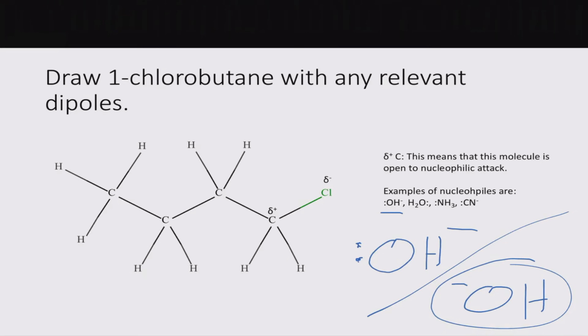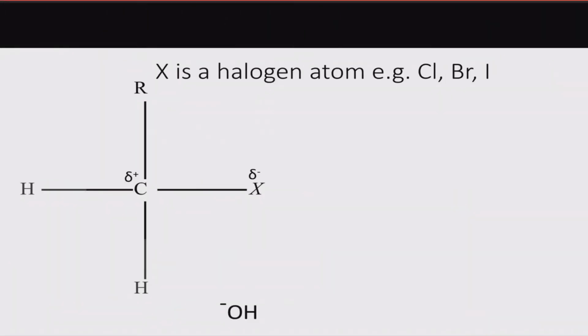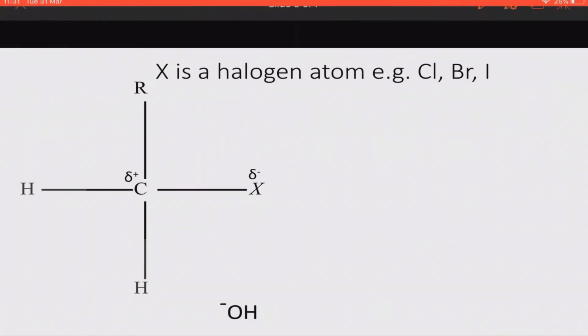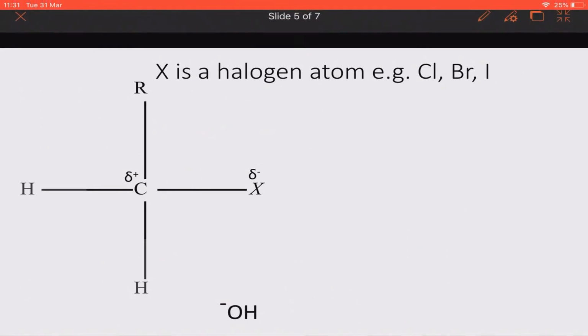Okay, so if we have a look at the mechanism, you'll notice that I have used R up here, so I don't care what the rest of my molecule is fundamentally. If I have this carbon halogen bond, then I can do this nucleophilic substitution.